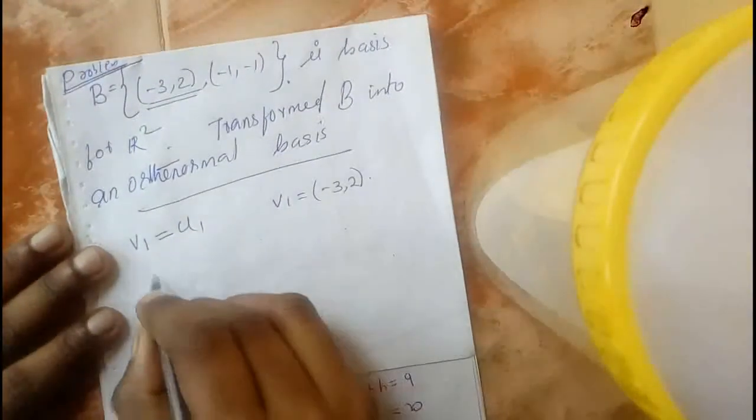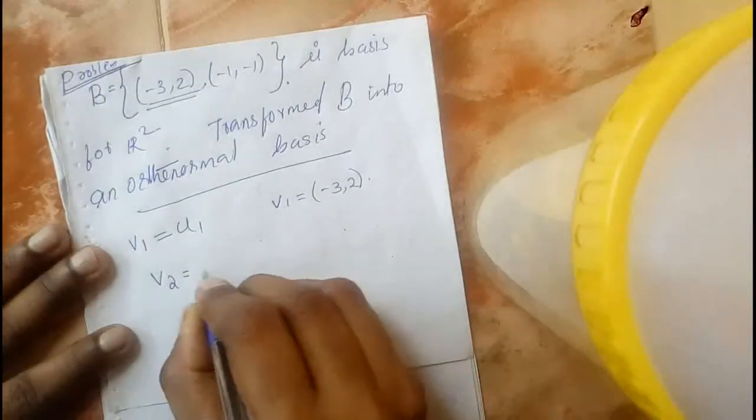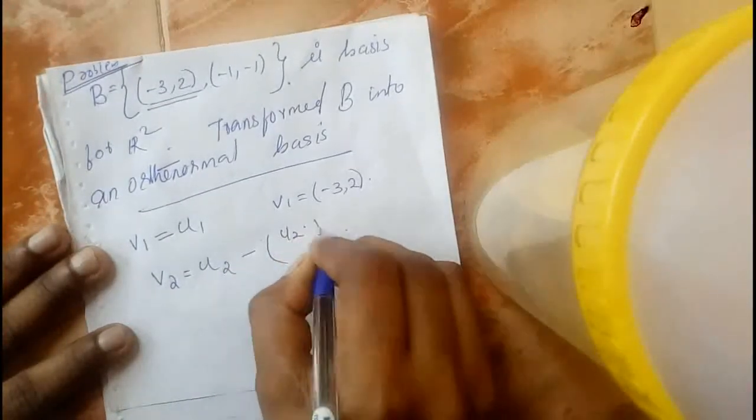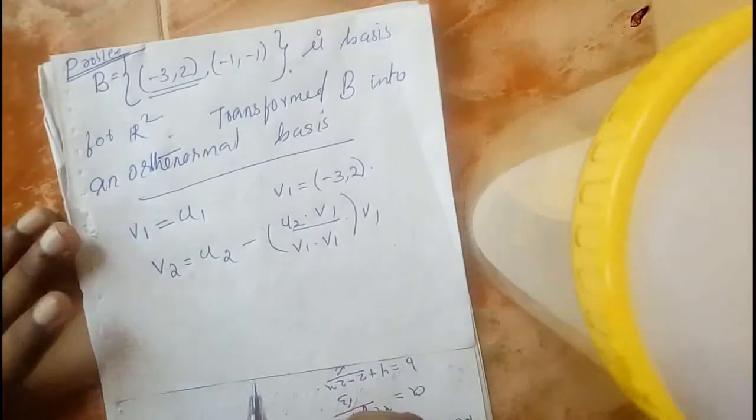Next, to construct v2: v2 equals u2 minus (u2 dot v1) by (v1 dot v1) into v1. This is the formula.